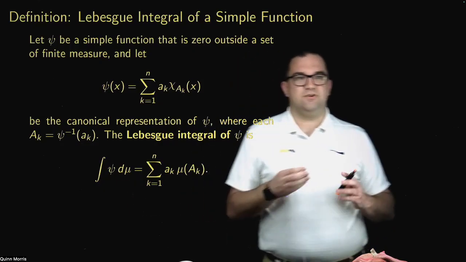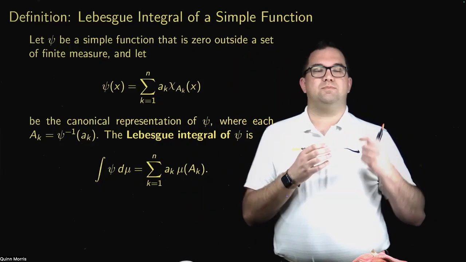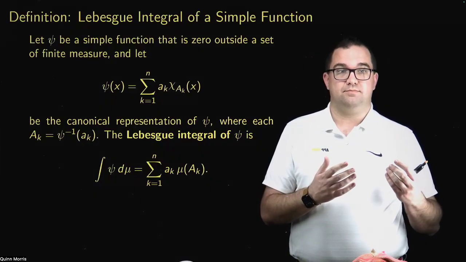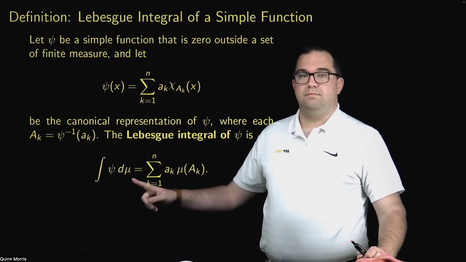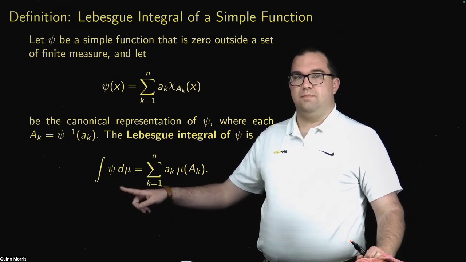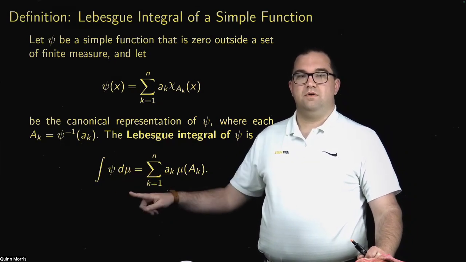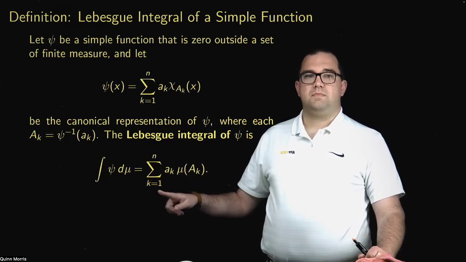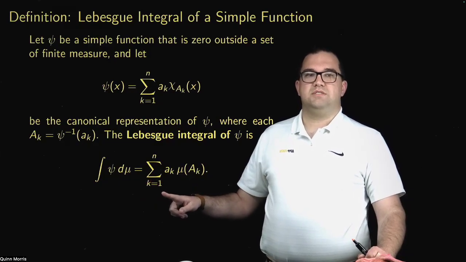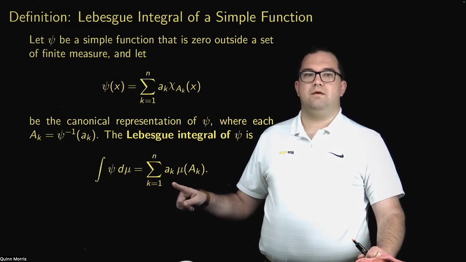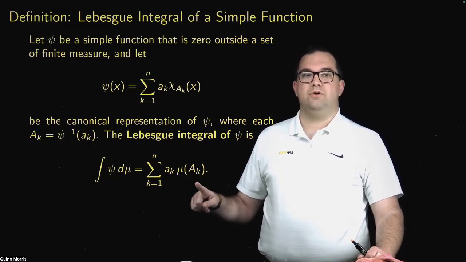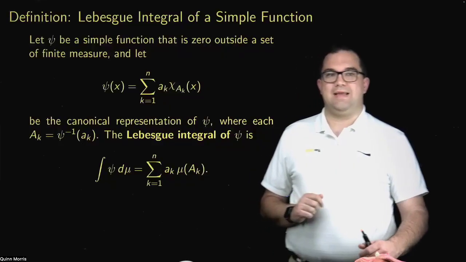So this indicates that we are integrating with respect to the Lebesgue measure. Okay, so the Lebesgue integral of psi is equal to the sum k equals 1 up to n of ak times the Lebesgue measure of the set capital AK.